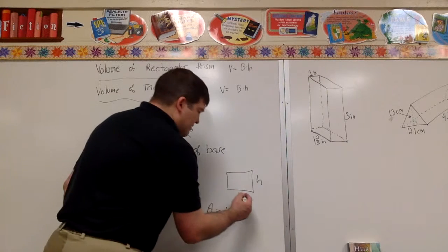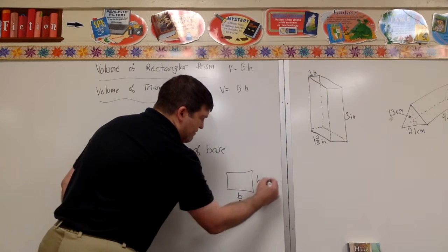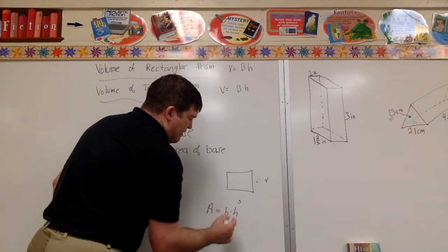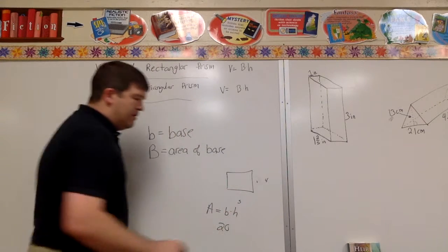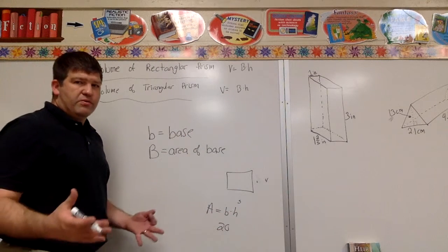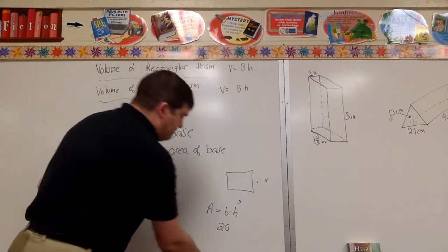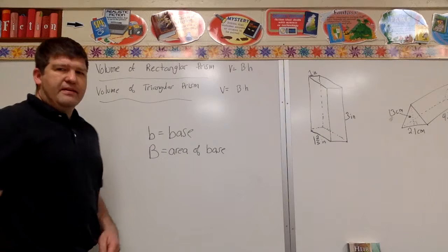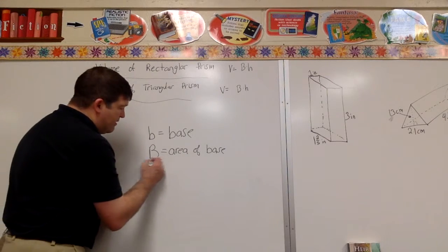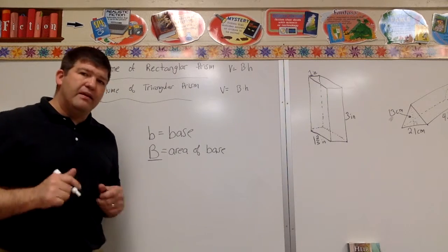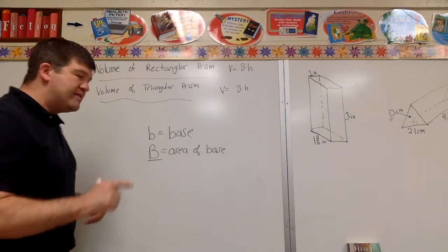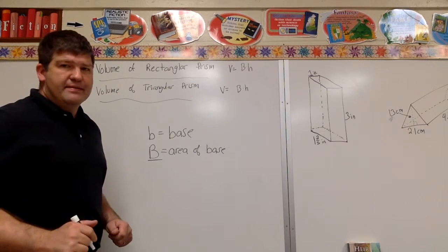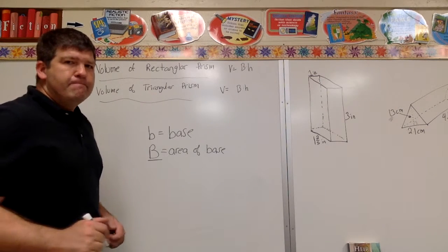So if this is 5 and this is 4, then it's 5 times 4 equals 20. 20 units squared. Okay? So the little b just means base. The big B, if I do a capital B, what it means is the area of the base. Okay?